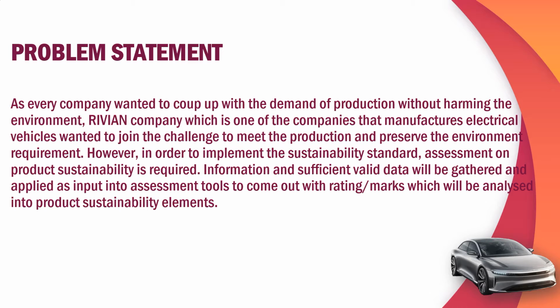However, in order to implement that sustainability standard, from the three pillars, an assessment on product sustainability is required. Information and sufficient valid data will be gathered and applied as input into the assessment tool to come out with a rating and marks, which will be analyzed into product sustainability elements.